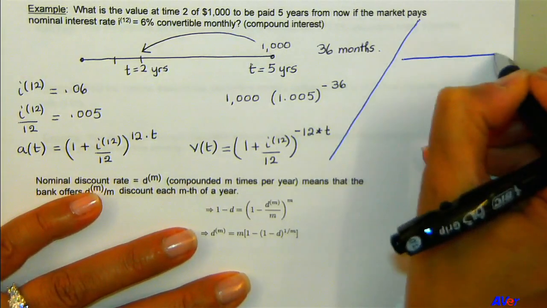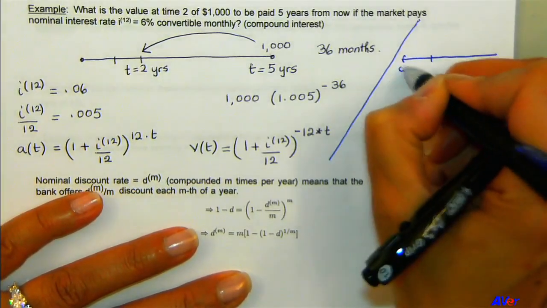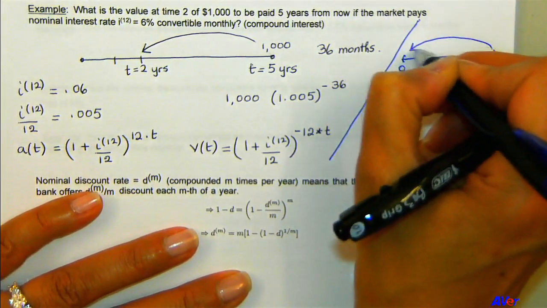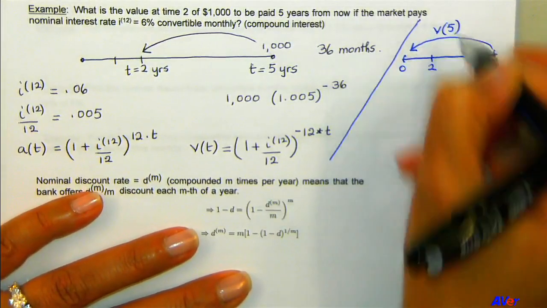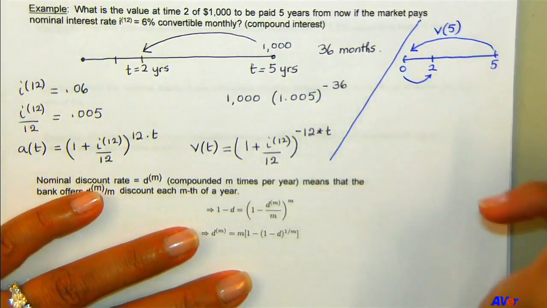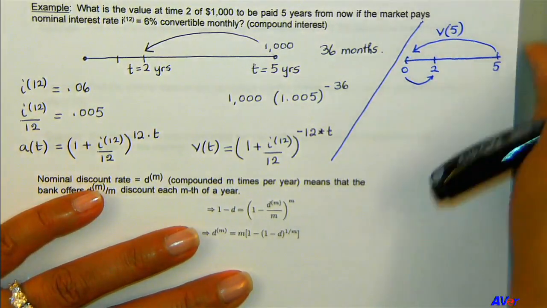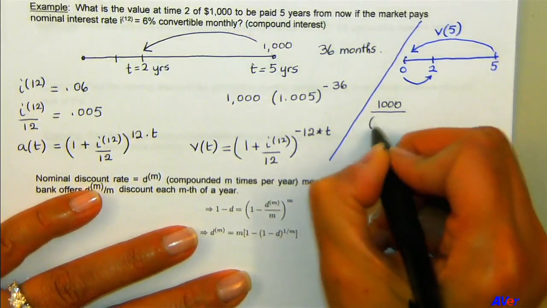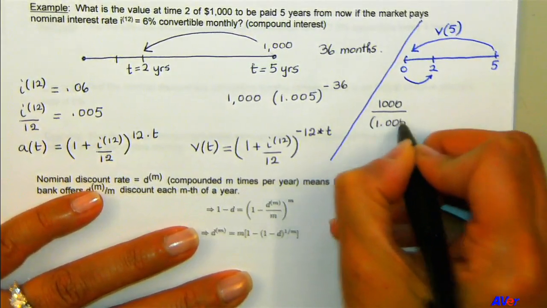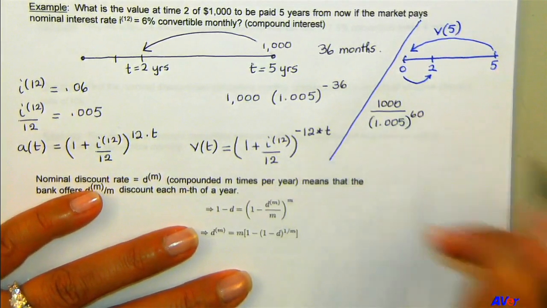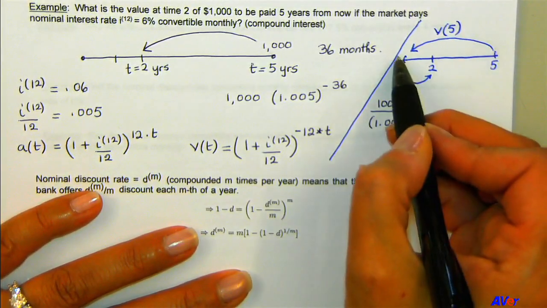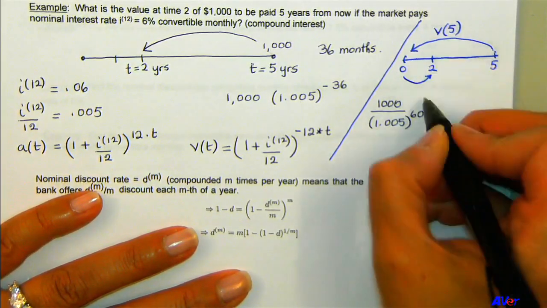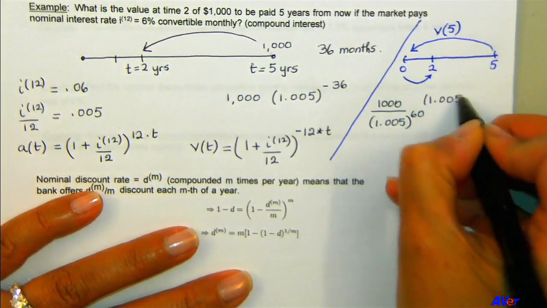And even if you did it the long way, what would you have done? Wouldn't you have gone like this? 0, 2, 5. You would have to do V of 5 and then A of 2, right? So that would have given you 1,000 divided by 1.005 to the 60th power, because there are 60 months in 5 years, and then you go forward 24, 1.005 to the 24.